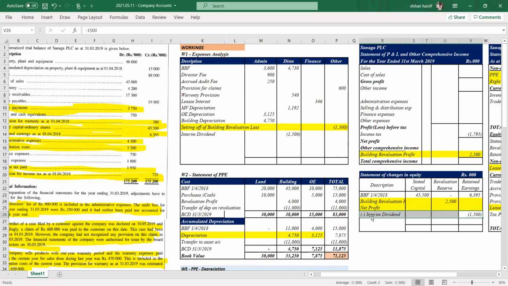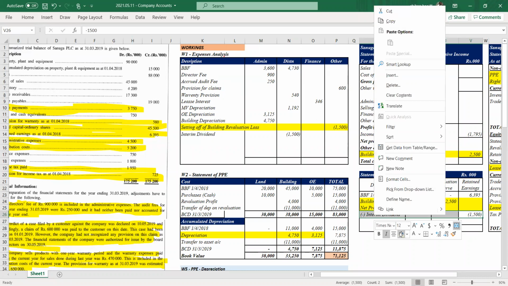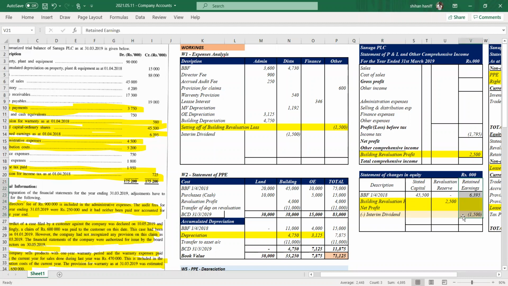That has to be recorded under retained earnings. They have mistakenly taken it to distribution. So remove it from distribution and take it under retained earnings.